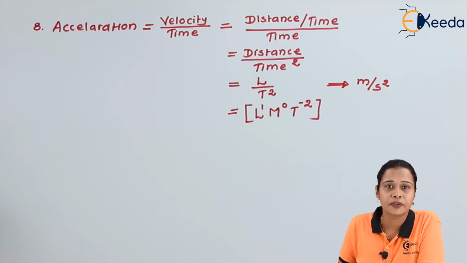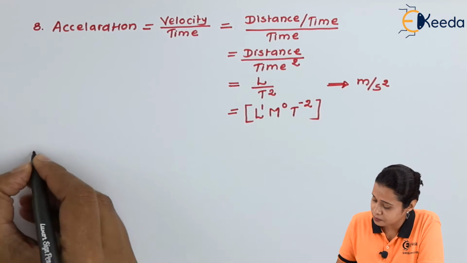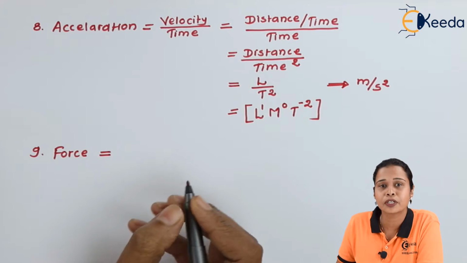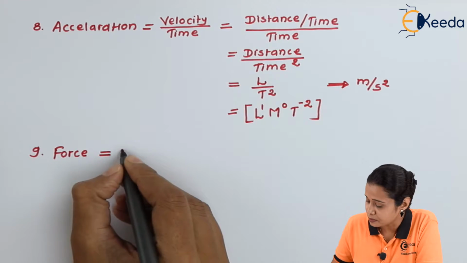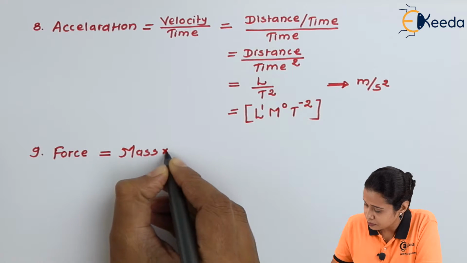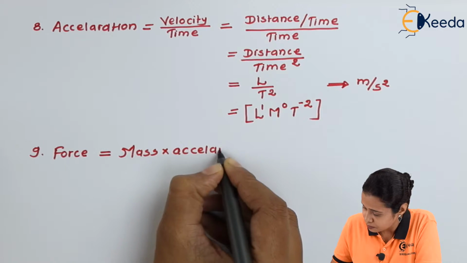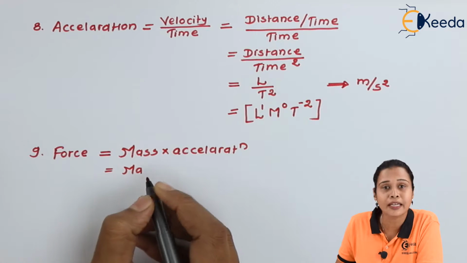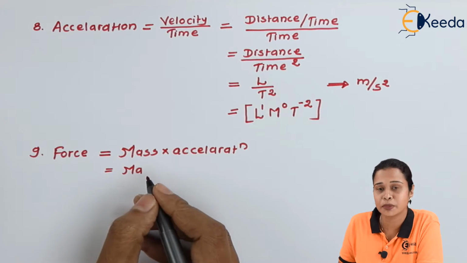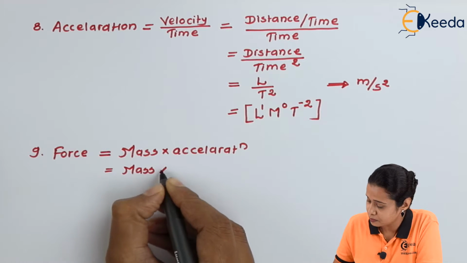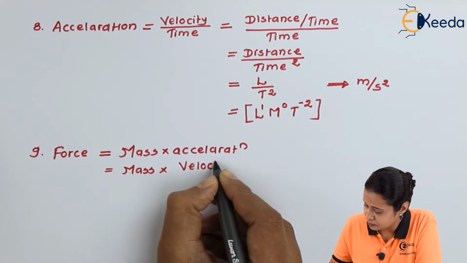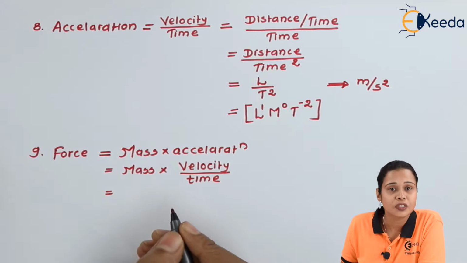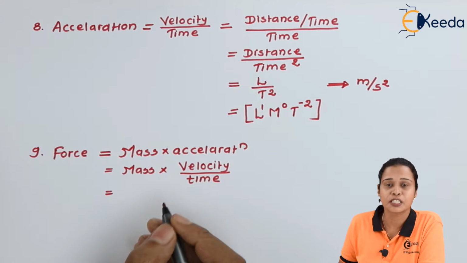Next physical quantity we will take is force. We know force is equal to mass into acceleration. Acceleration again can be expressed in terms of velocity per unit time, and velocity can be expressed in terms of distance per unit time.